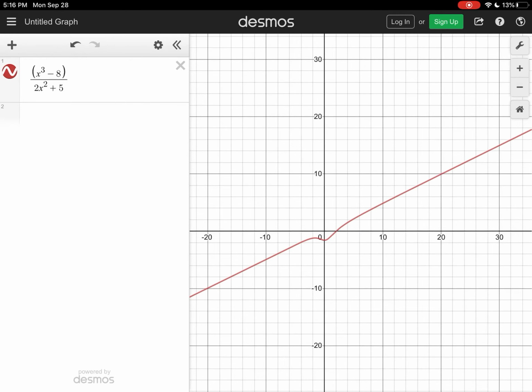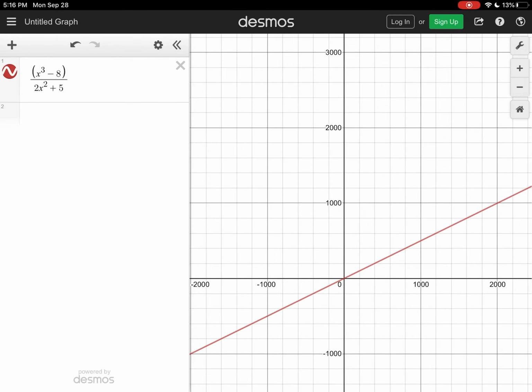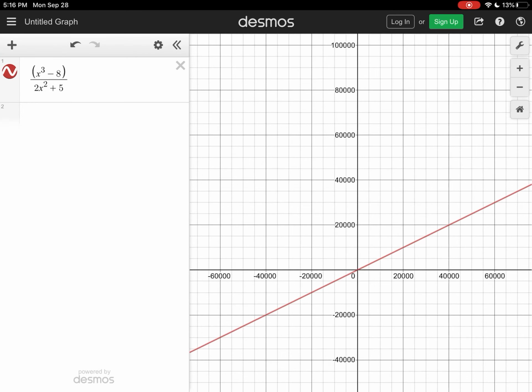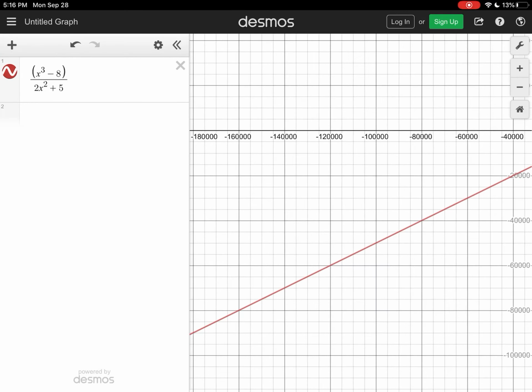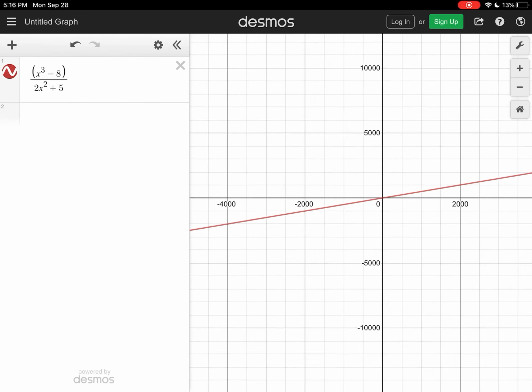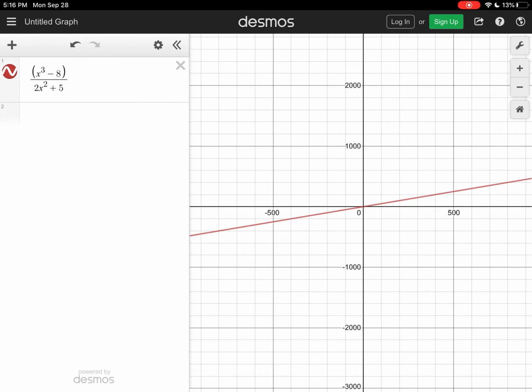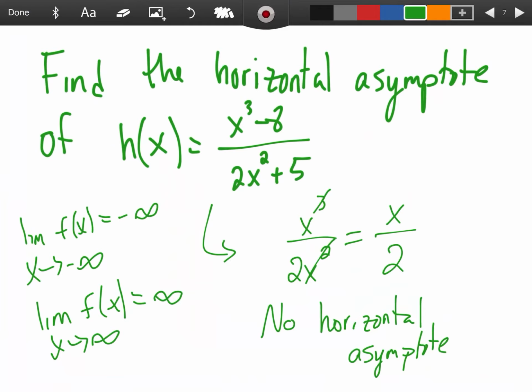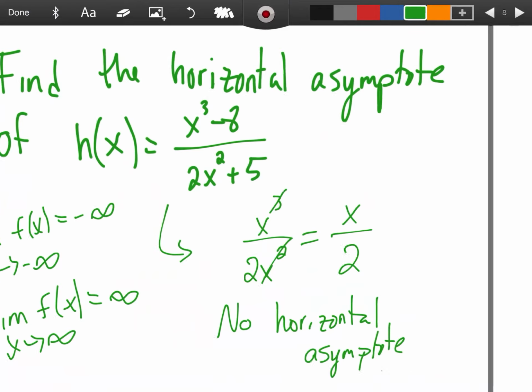So we kind of have an interesting graph here, and we can see that these just continue to increase. It just continues to increase as we go to the right. It continues to decrease as we go to the left. And we can approximate that really just by plugging in what's going to happen as x gets really, really large or really, really negative.